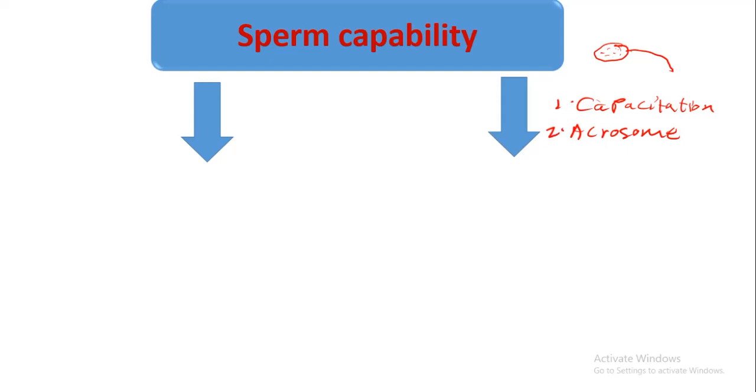Before the process of fertilization takes place, the sperm has to undergo these two important stages. The first stage involves capacitation.